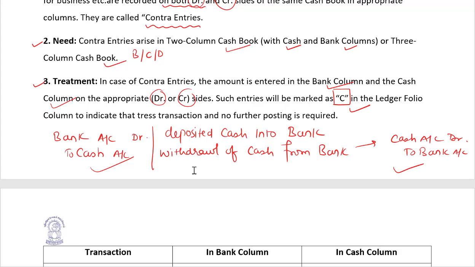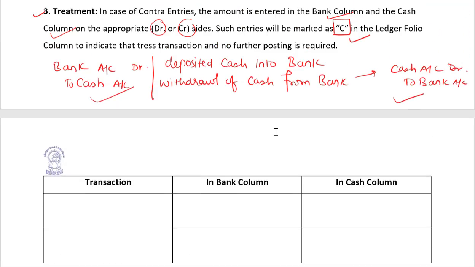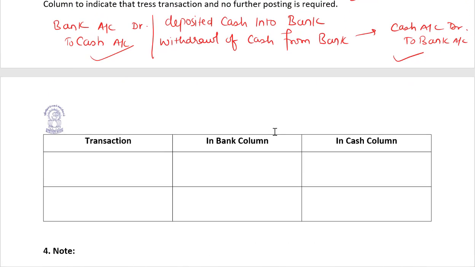Fine. Let's see the transactions now. Transactions could be cash deposited into bank, or cash withdrawn from bank.